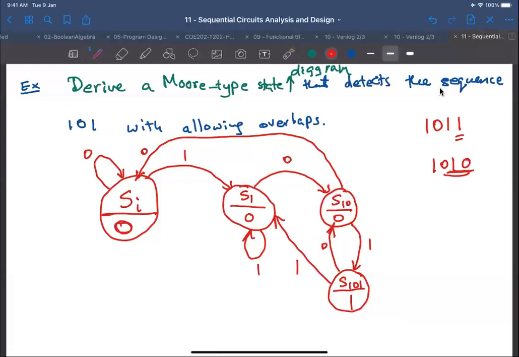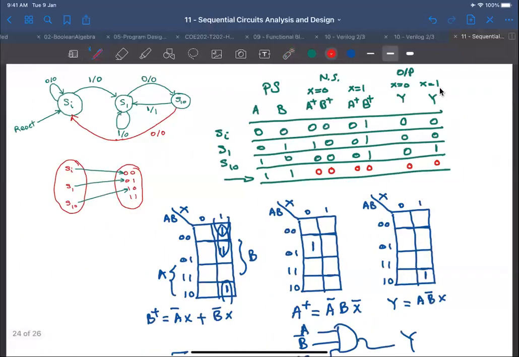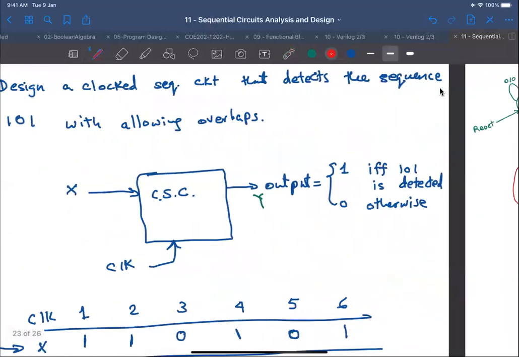All right. So the only thing that is remaining is to annotate the reset state. Reset. Okay? So by this, I'm not going to derive or implement the circuit for you.